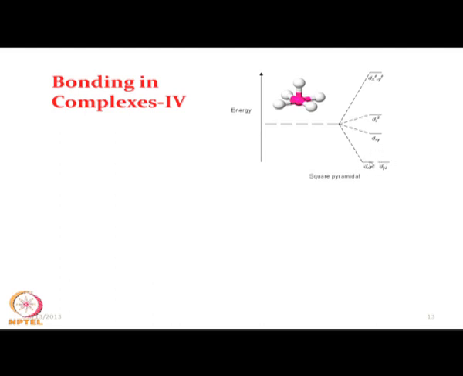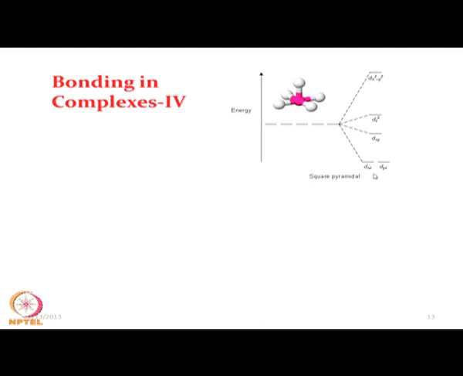So, if we consider the corresponding electron occupancy for a system such as nickel 2 plus, we will find that 1, 2, 3, 4 orbitals will be paired, and in this particular geometry also we expect nickel 2, palladium 2 and platinum 2 in a square pyramidal geometry in the bivalent state will all be diamagnetic.